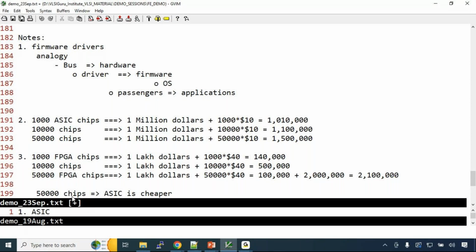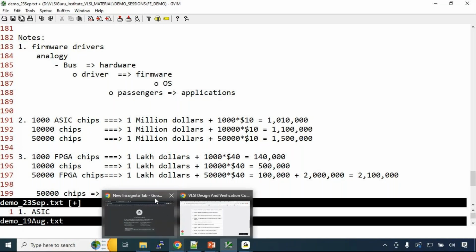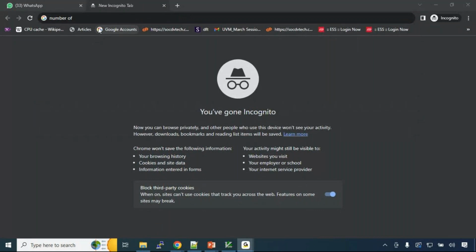ASIC you will use. If I want to manufacture a mobile phone, typically how many mobile phones will sell throughout the world? Lakhs of mobiles, right? Sometimes millions also. If you go and search Apple iPhone, what is the latest model? 15 Pro. How many units are sold? What is the previous version? 14 Pro.